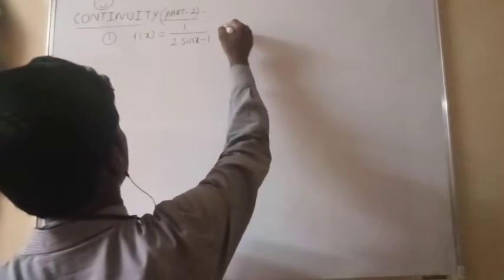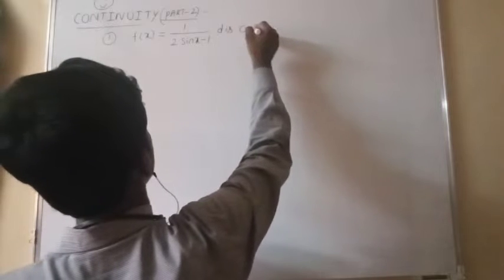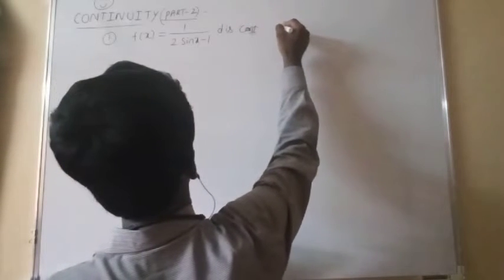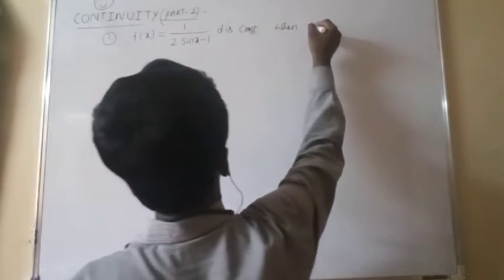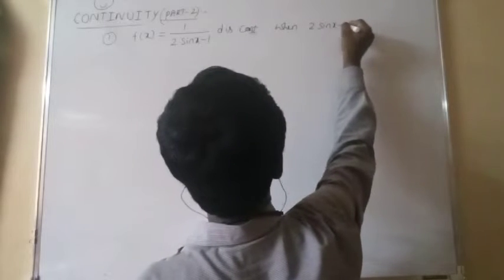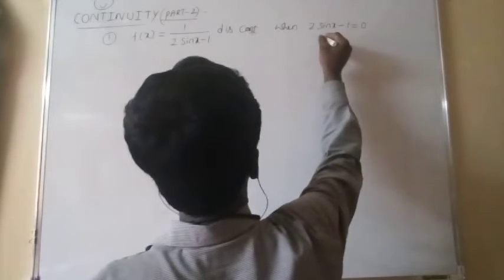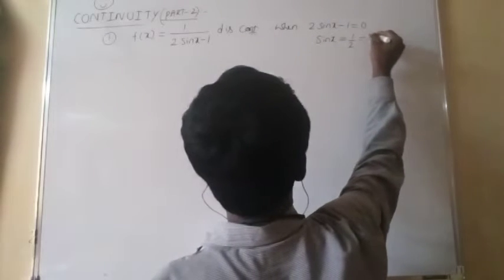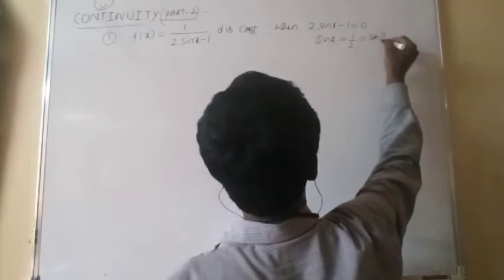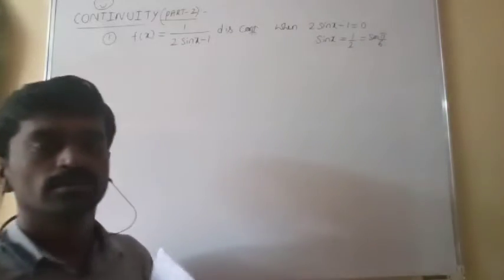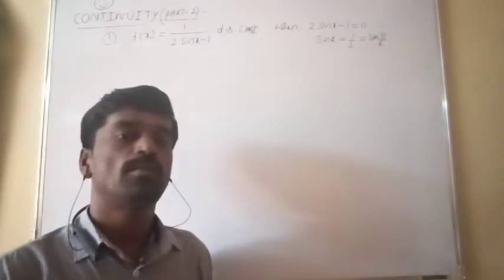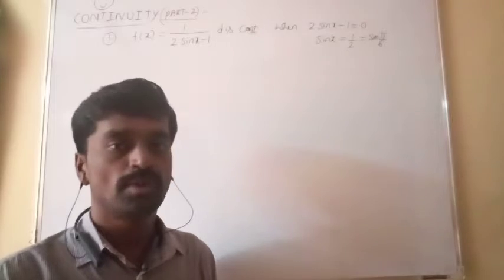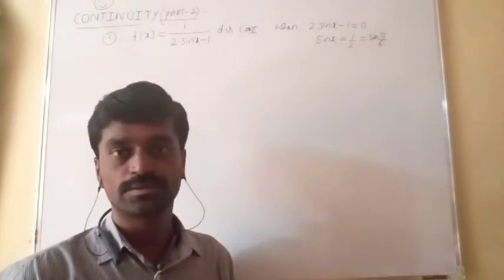So clearly this function is discontinuous when the denominator 2 sin x minus 1 is equal to 0, or sin x is equal to 1 by 2. So 1 by 2 can be written as sin pi by 6. So one of the points of discontinuity is x is equal to pi by 6.